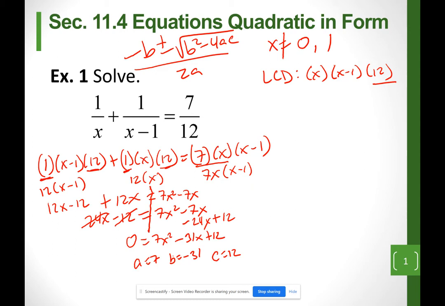And I mentioned when we talk about the quadratic formula, the hard part is the square root part, the b squared minus 4ac. So let me worry about that first. b squared minus 4ac. So I have negative 31 squared minus 4 times 7 times 12. All right, negative 31 squared, right? 31 times 31.